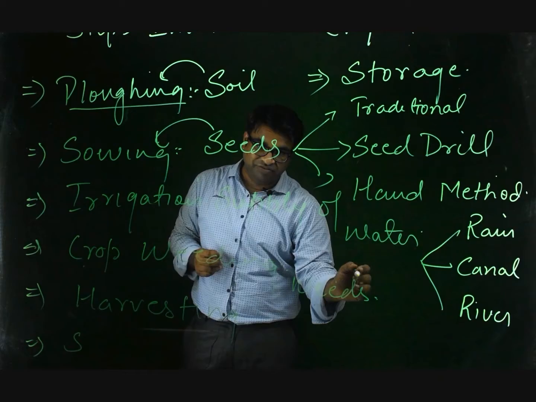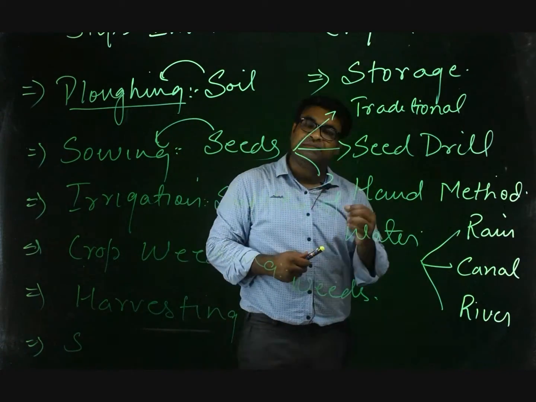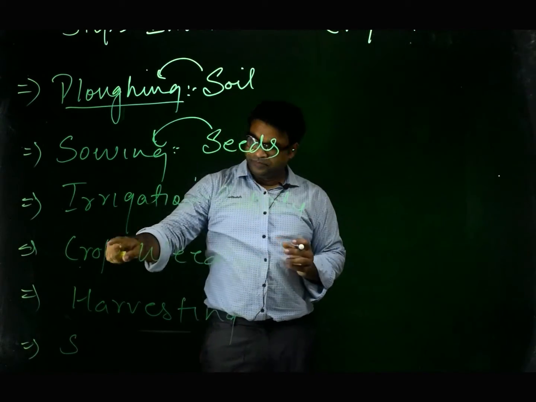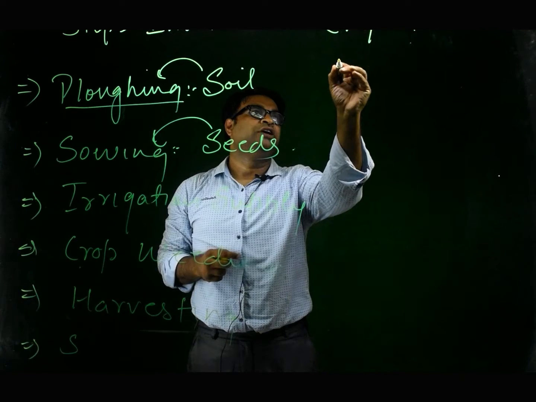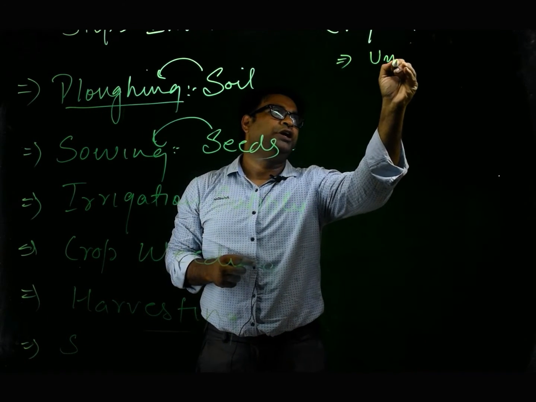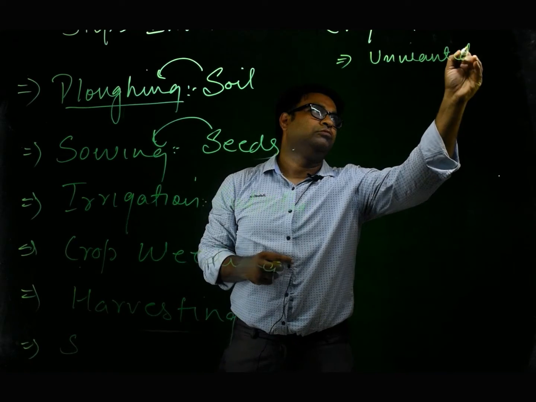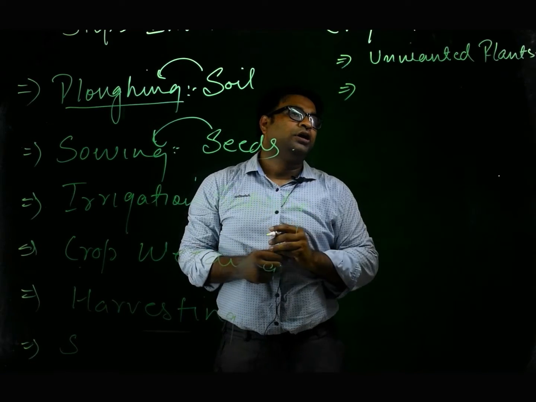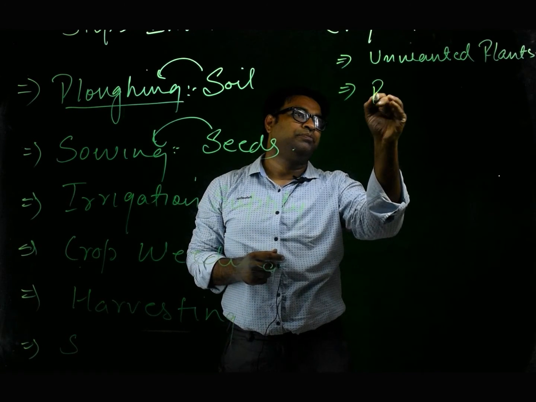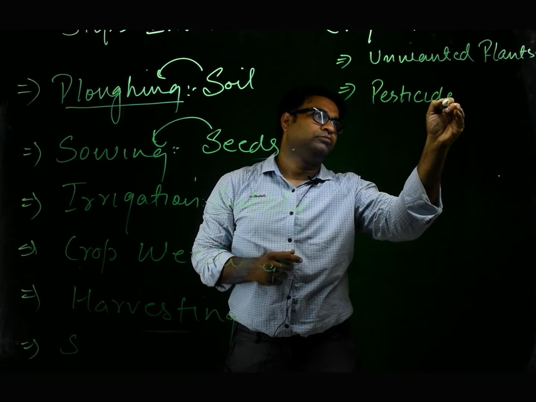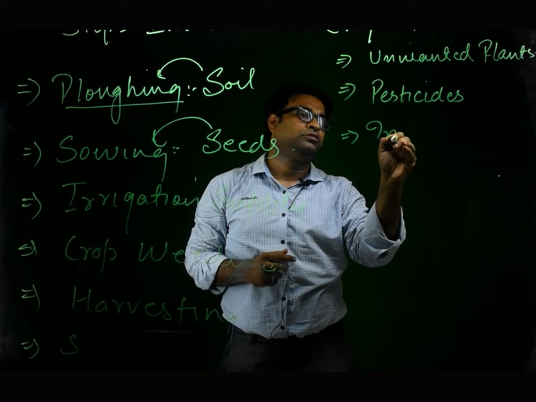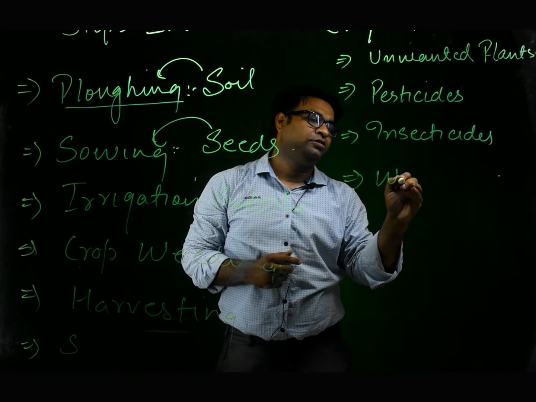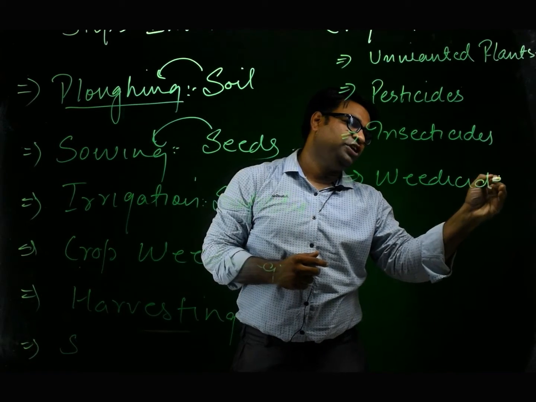So we remove these weeds by using different methods. As we discussed, in crop weeding we remove unwanted plants. These can be removed by using pesticides, insecticides and weedicides.